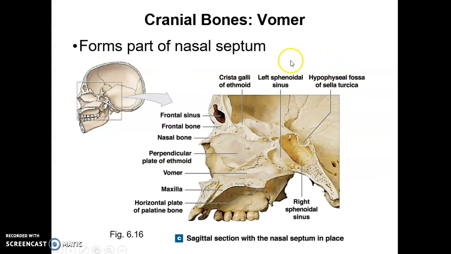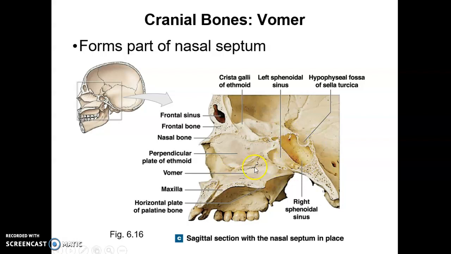Okay, let's move on to the vomer. So that is seen here, right here in the diagram. And it also forms part of the nasal septum. This superior part here is the perpendicular plate of the ethmoid. There's that little ridge, the crista galli. There's the sphenoid with its sella turcica.